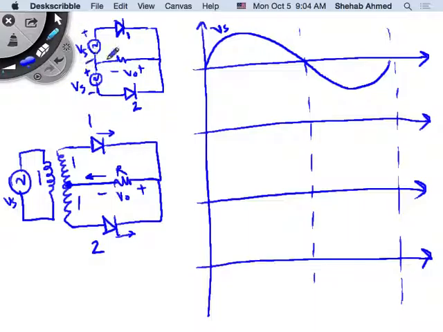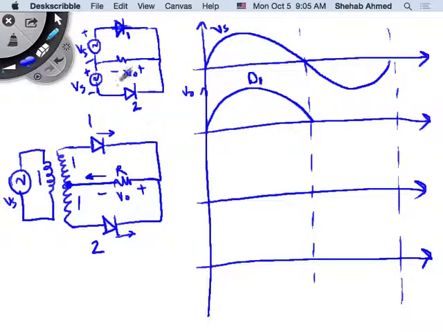So this is seeing the most negative potential by the source here. So it cannot conduct. D2 will not conduct. So D1 will conduct. So if D1 conducts, this is like a short circuit, and I'm placing my output voltage across my load, right? So the output voltage equals Vs. So V output in the first half cycle is equal to Vs, and D1 is conducting.